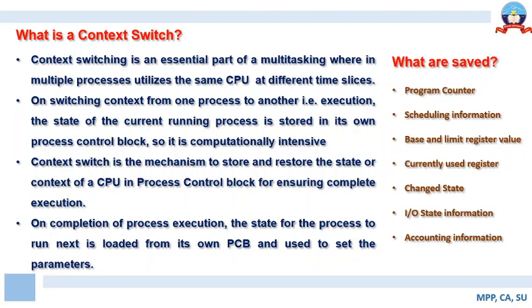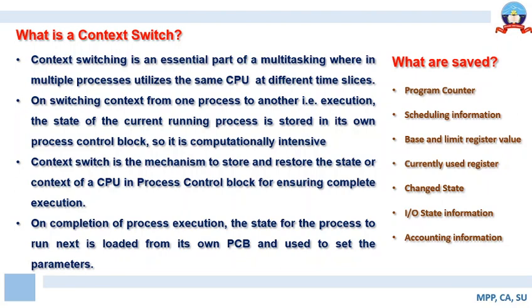The parameters that are saved during context switching onto the process control block are the program counter, the instruction that is to be executed next in that particular process, scheduling information, base and limit registers, currently used registers, state information, IO state information, and accounting information.